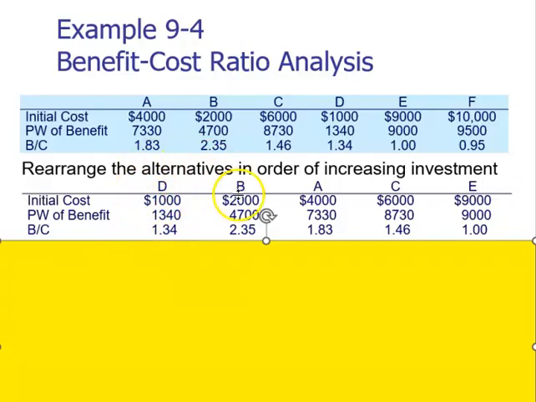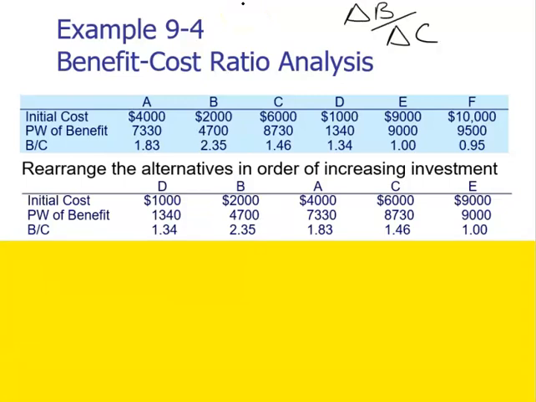Then you go for the next one, that is B. But for B, you are going to calculate the differences. So B minus D would be a case where 2,000 minus 1,000 would be the initial cost difference, and after that you go for the benefits, and then you calculate the delta B over delta C, and if it is greater than, and like that you continue.